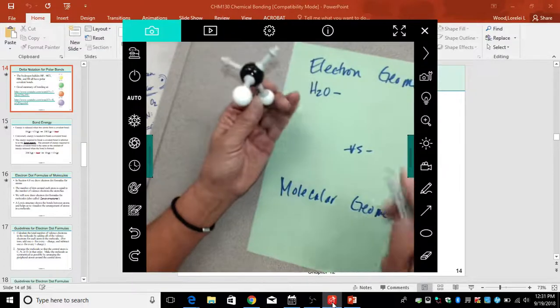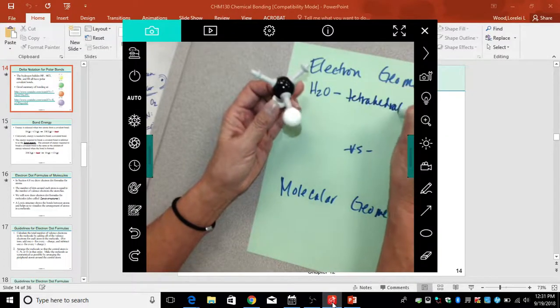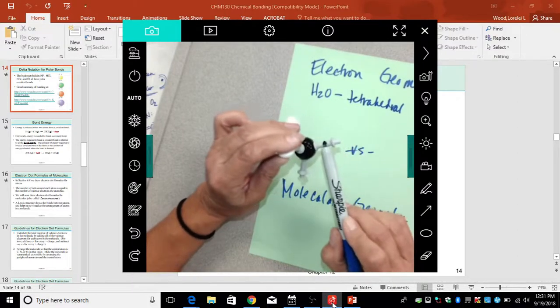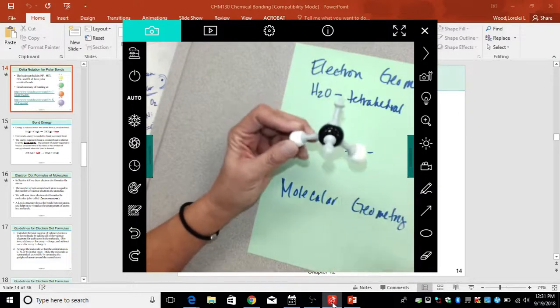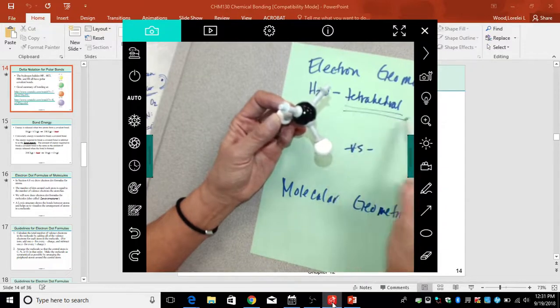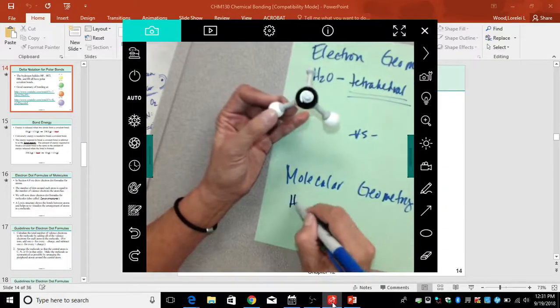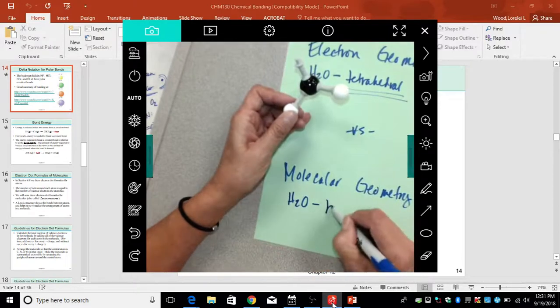So the electron geometry is tetrahedral. Meaning, because there's a pair there, even though they're not bonded, another pair there that's not bonded, a pair there that's bonded, and a pair there that's bonded, if we just look at what the electrons are doing, the electrons are doing a thing that is tetrahedral. Molecular geometry for water is not tetrahedral, it is bent.